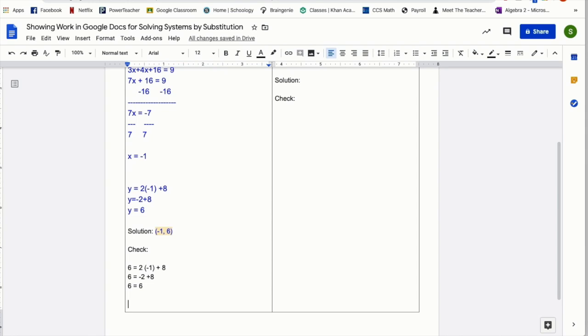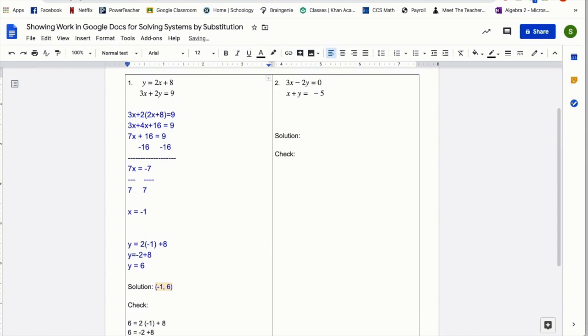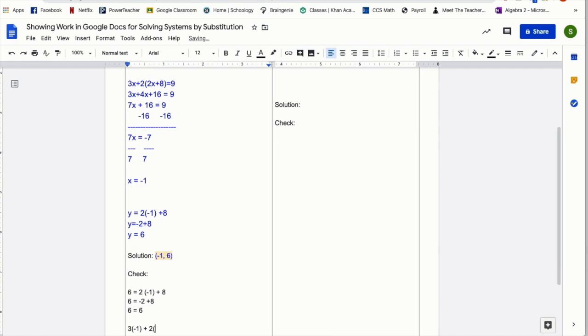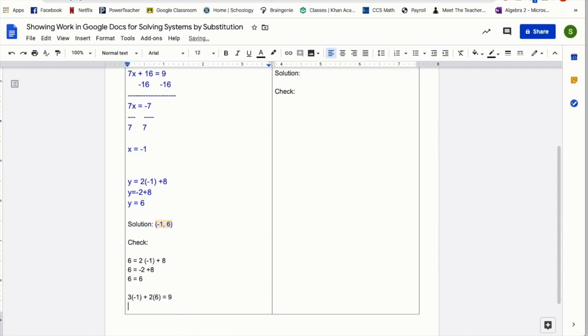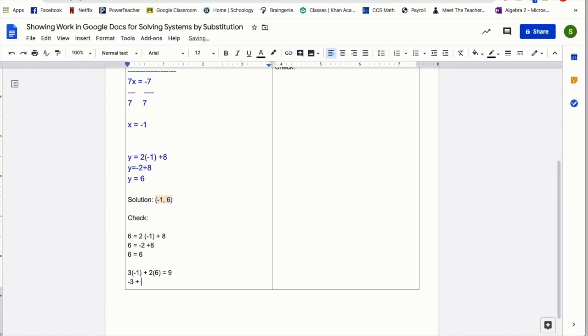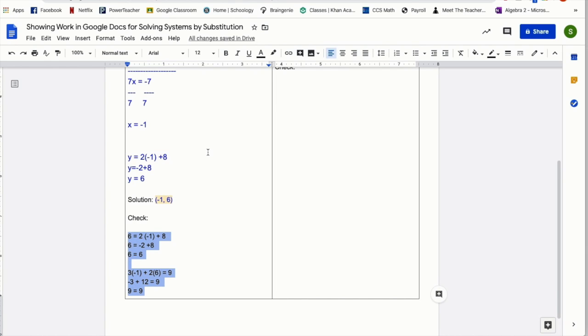Sometimes it won't work in both, and that means you made a mistake. Now the other equation: negative 3, 2 times 6 equals 9. So I get negative 3 plus 12 equals 9. 9 equals 9. And I'm good to go there. My solution is correct.